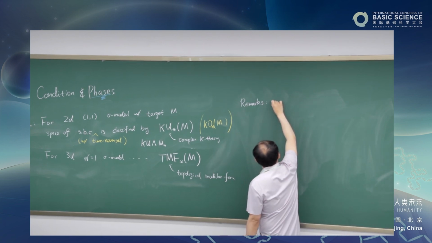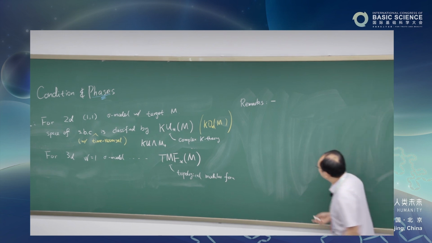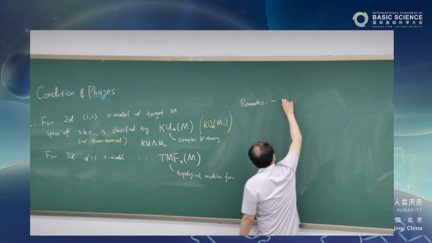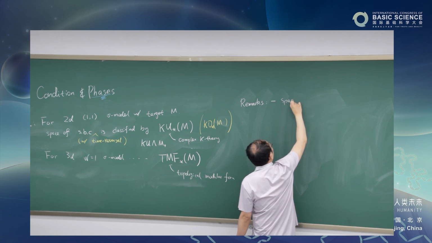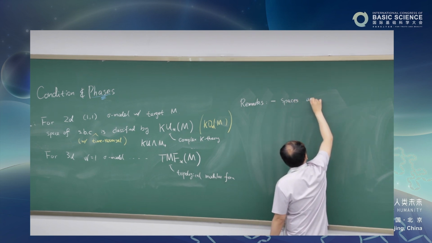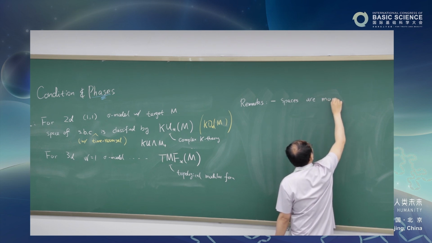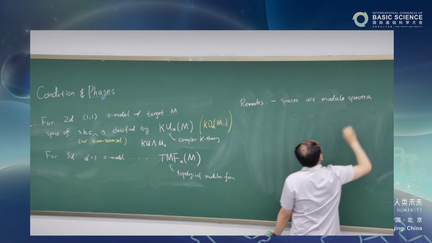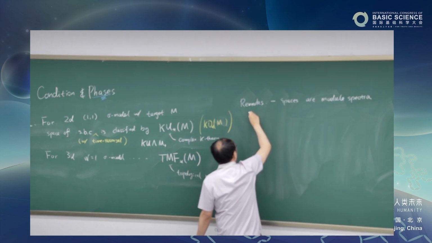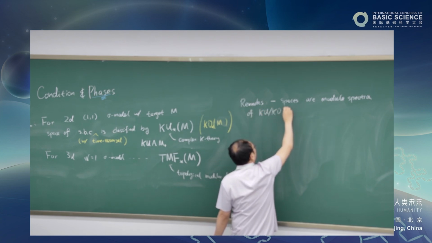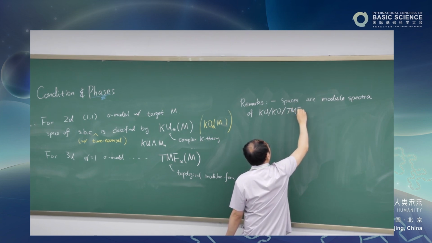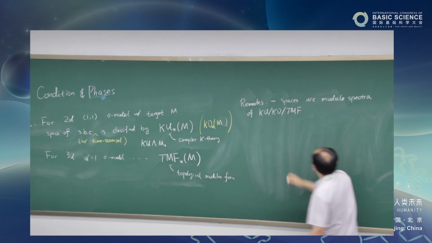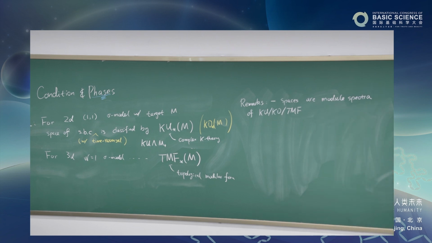So the first remark is actually related to Kolya's comments or question. These spaces are module spectra of KU, KO, TMF as a ring spectrum. So what's the meaning of that, and why is that the case?